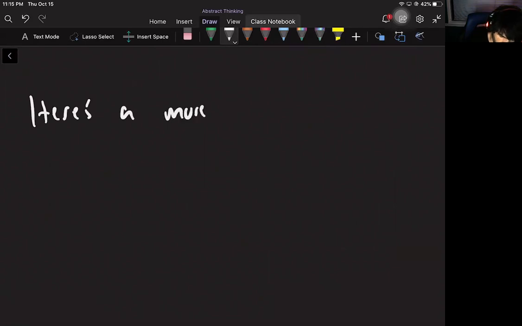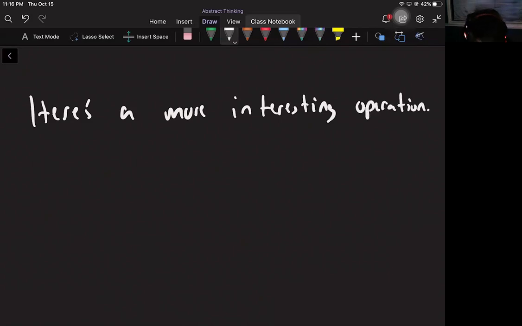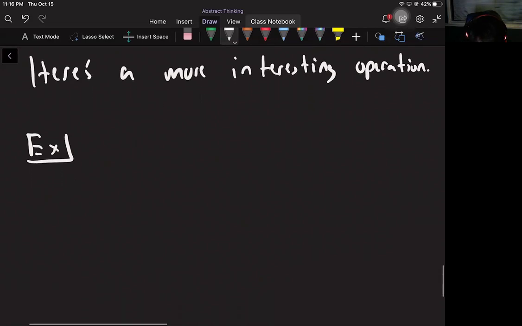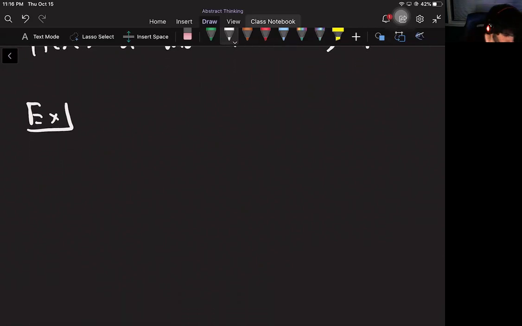So here's a more interesting one. You've got to stick with me here. It's going to be cool, but it's going to be maybe difficult. So here's a more interesting operation that has nothing to do with numbers. So consider an equilateral triangle.